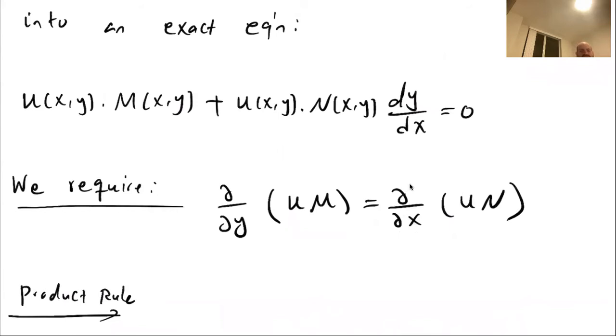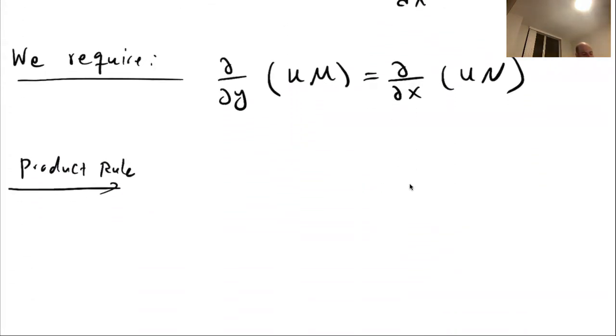Now I can simplify the left-hand side and right-hand side using the product rule. The derivative of the left-hand side with respect to y will be u_y times M plus u times M_y. So u sub y is a notation for the partial derivative with respect to y, and similarly, M sub y is a notation for the partial derivative of M with respect to y.